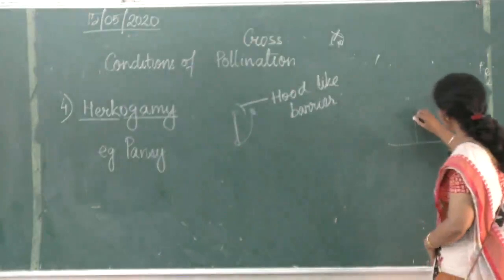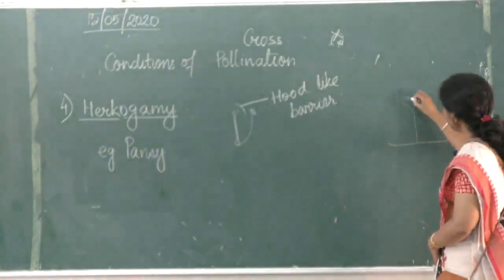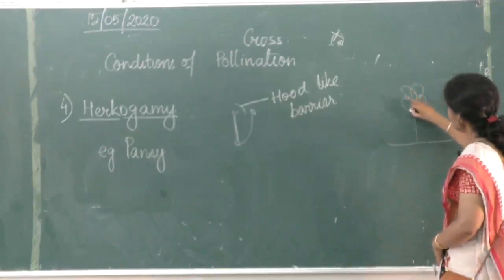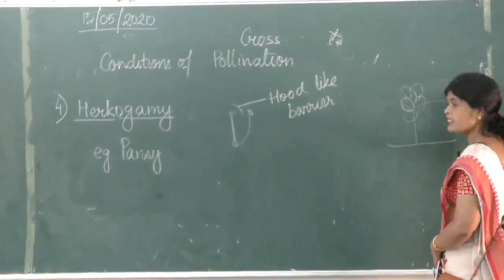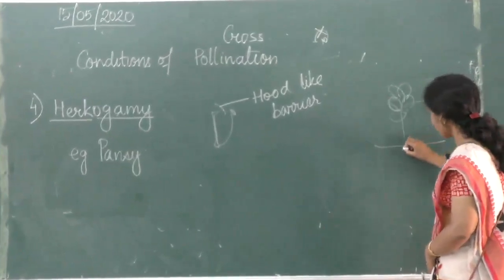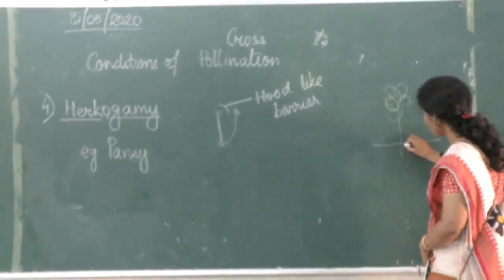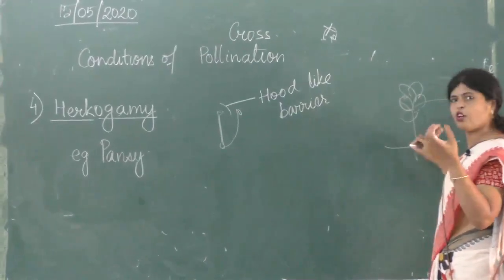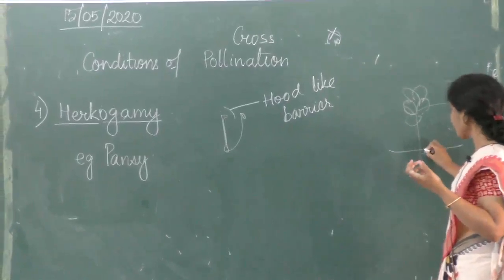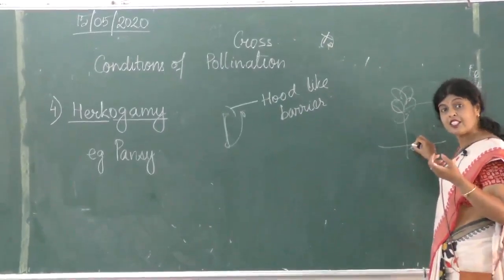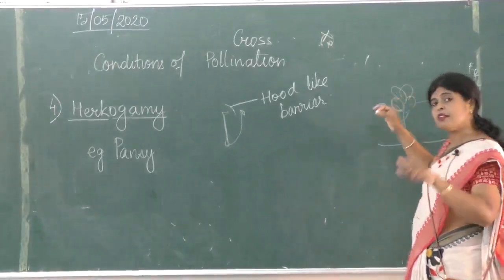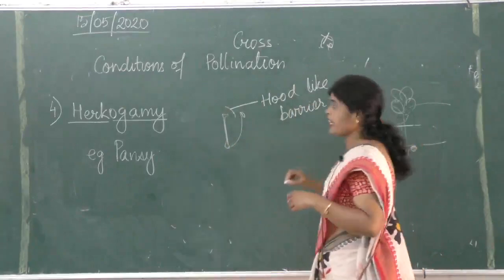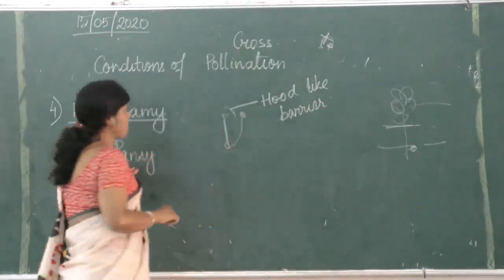One is aerial, brightly colored, beautiful flowers, which are insect pollinated, and some are underground and they do not open at all, they are not brightly colored. So what kind of pollination do we call it here? Cleistogamy. Here I am talking about the same plant, but the flowers which are aerial. So hercogamy is pansy.